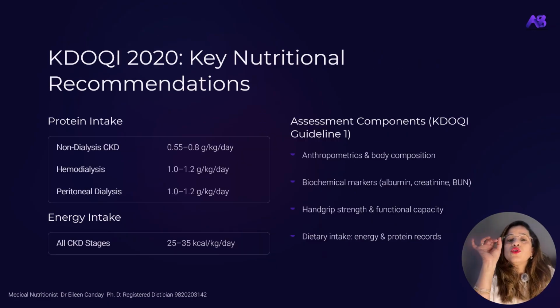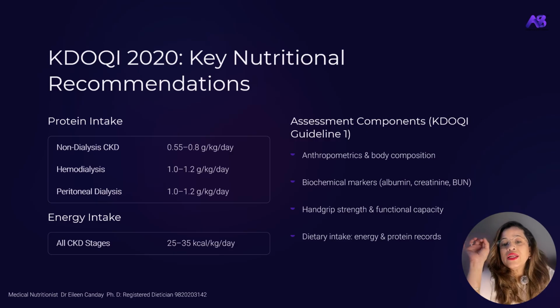According to the KDOQI 2020, the key nutritional recommendation for protein intake in non-dialysis CKD is 0.5 to 0.8 grams of proteins per kg body weight. Here also it depends upon how much high biological value protein you are providing.